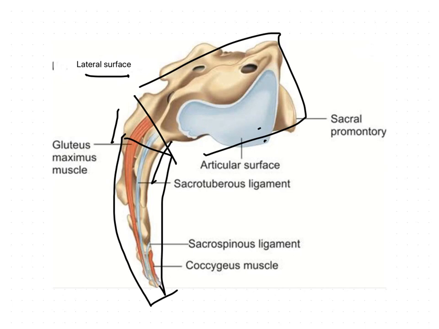This articular surface articulates with the ilium of the hip bone to form a joint called the sacroiliac joint. So this area is going to articulate with the hip bone.